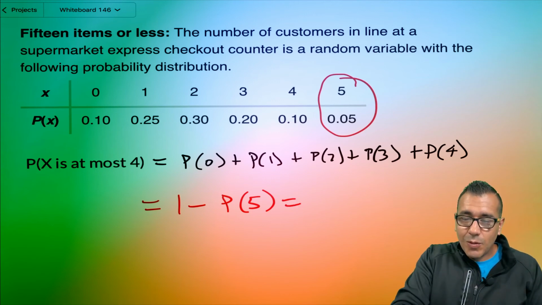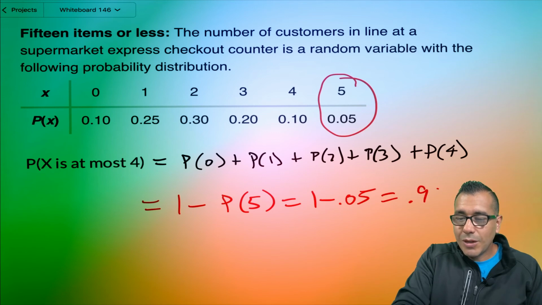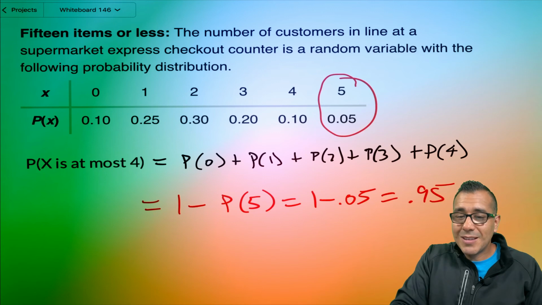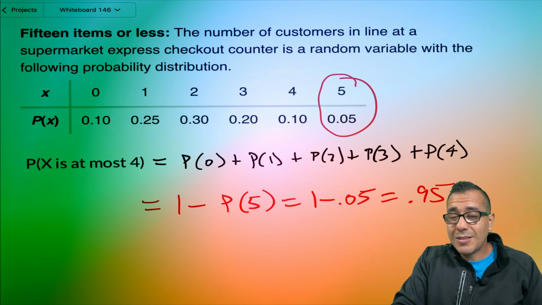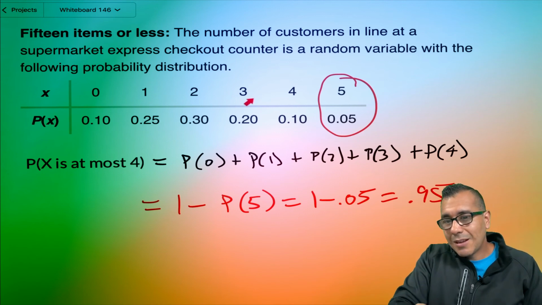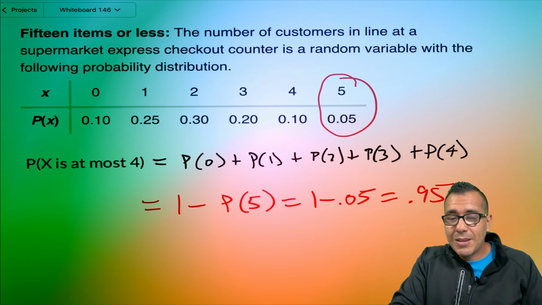So we get 1 minus 0.05 and we end up with 0.95. And again, that's going to save us a lot of time because yes, this was a short list, but imagine if we had 25 customers, or if our example was a little different where we had a long distribution here. So this is going to save us so much time.